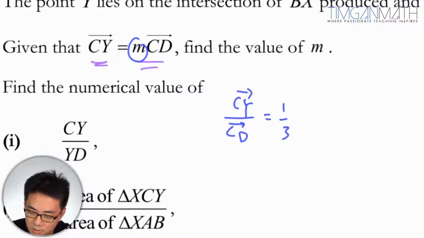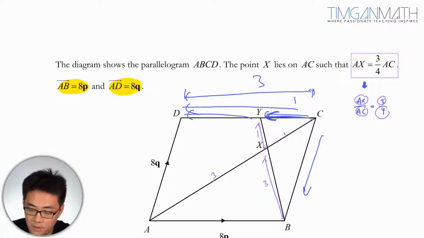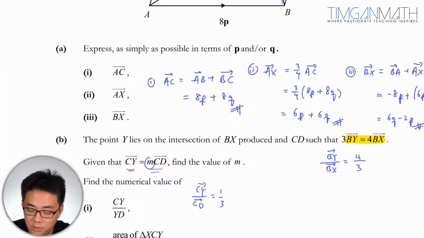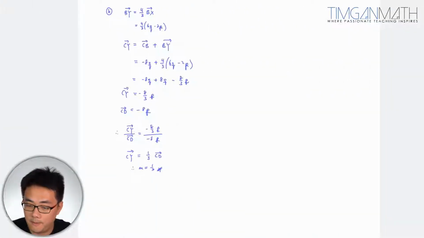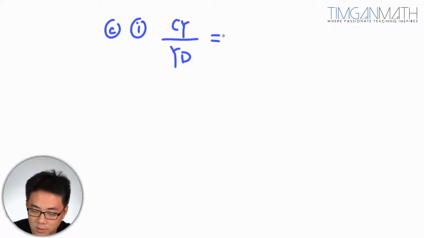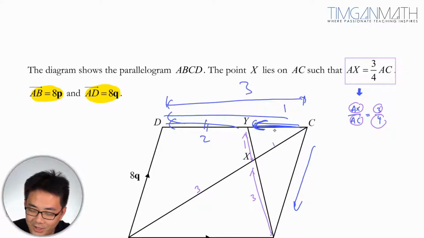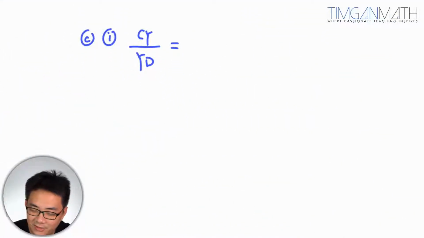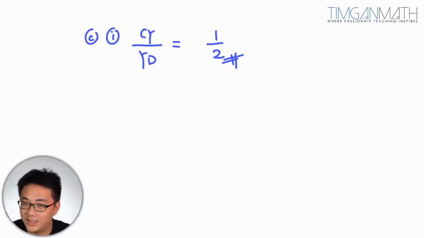So YD will be 2. So CY over YD is 1 over 2. This part here is a half.